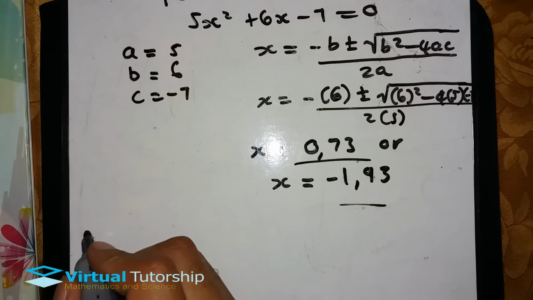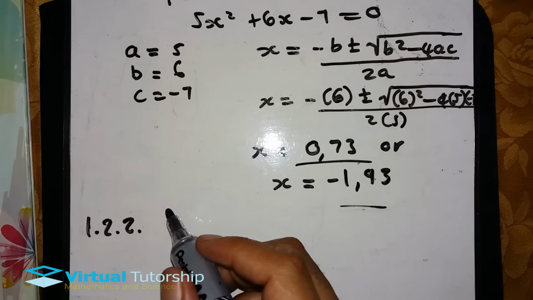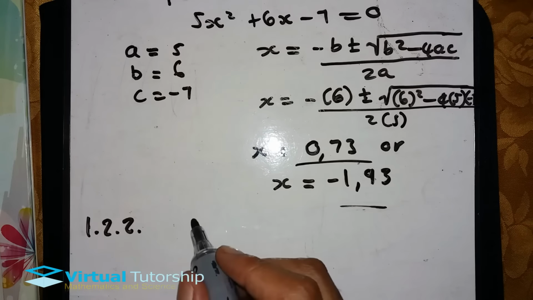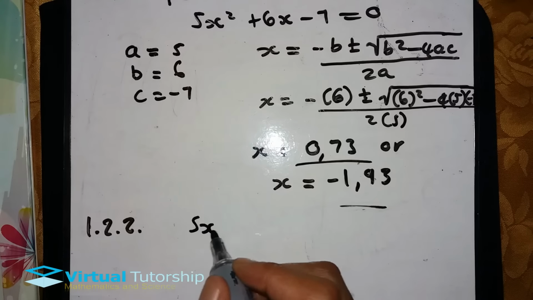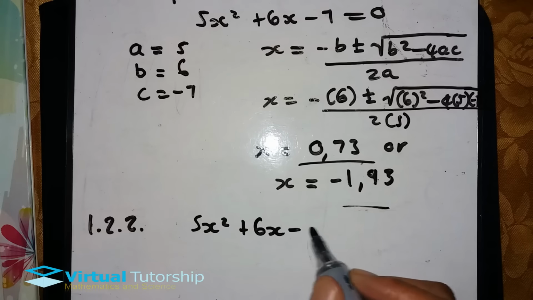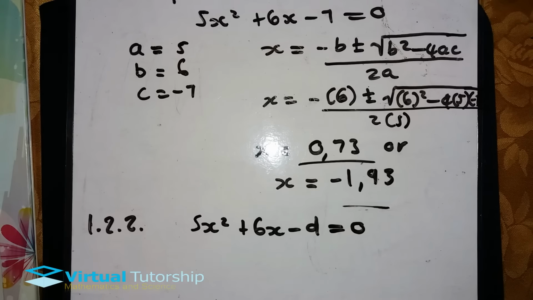Now 1.2.2. In this equation, hence or otherwise, calculate the value of d for which 5x squared plus 6x minus d equal to 0 has equal roots.